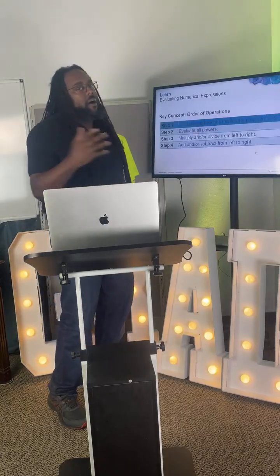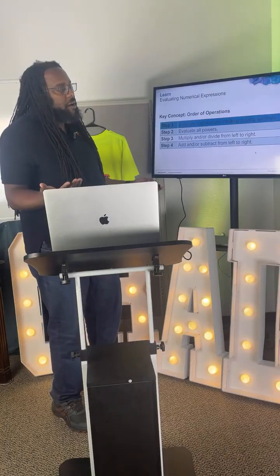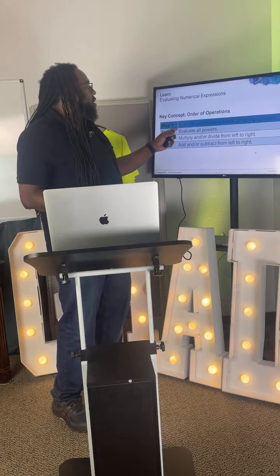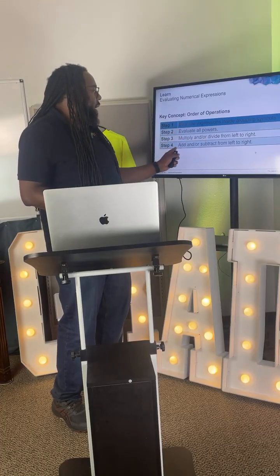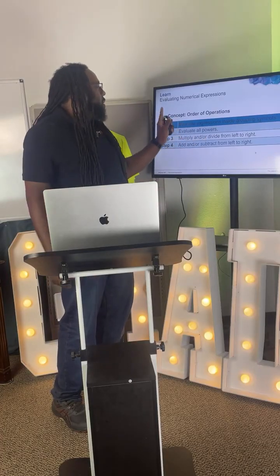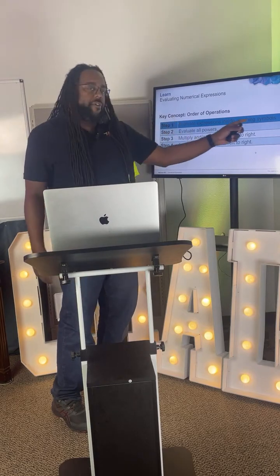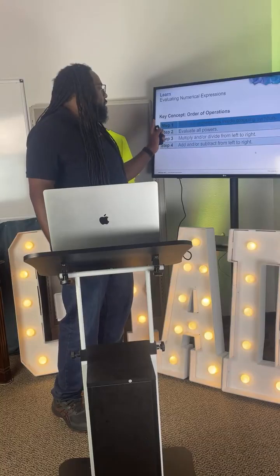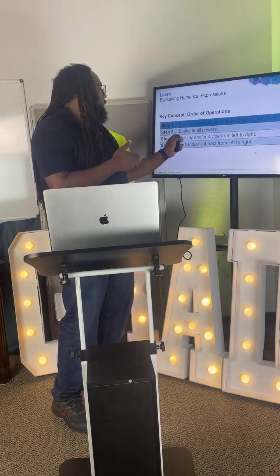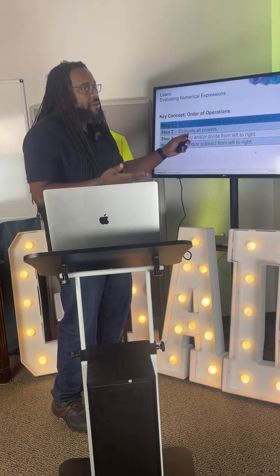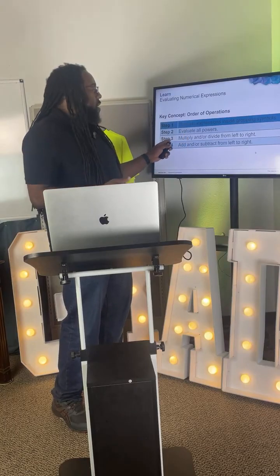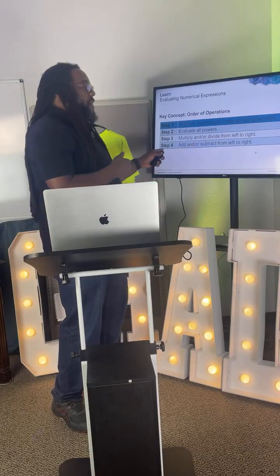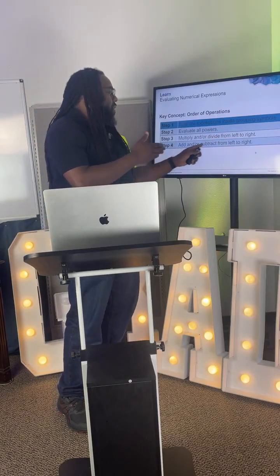An easy way that I learned how to do this in school was Please Excuse My Dear Aunt Sally, which was: Please, the parentheses and grouping symbols; Excuse, evaluating the powers or the exponents, the E; My Dear, multiply and or divide from left to right; Aunt Sally, which is adding or subtracting.